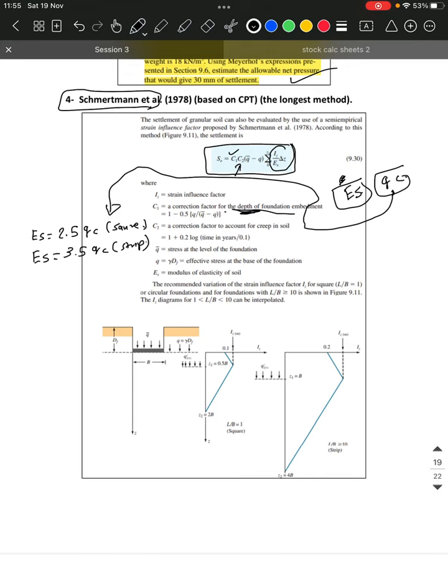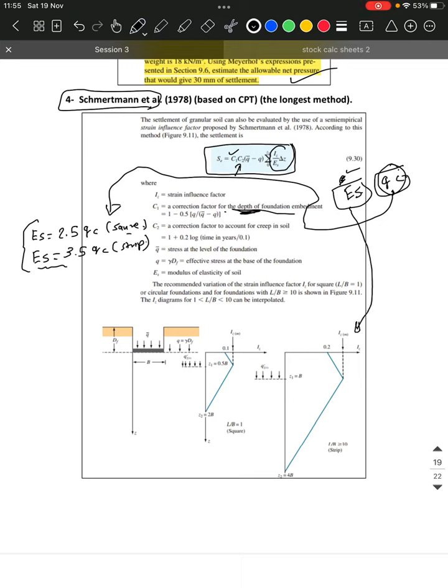So sometimes they give you only qc and you have to calculate Es by these formulas. If you have a square footing, Es equals 2.5 qc. If you have a strip footing, you use Es equals 3.5 qc. But sometimes you're given Es outright, and then you are ready to go into these diagrams.